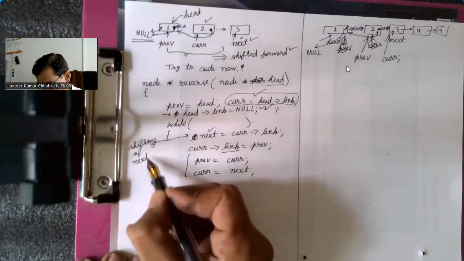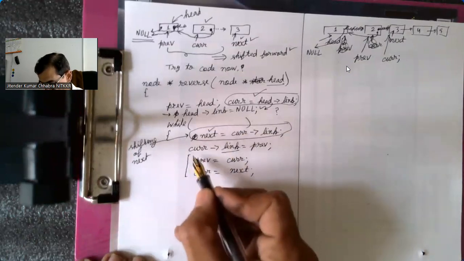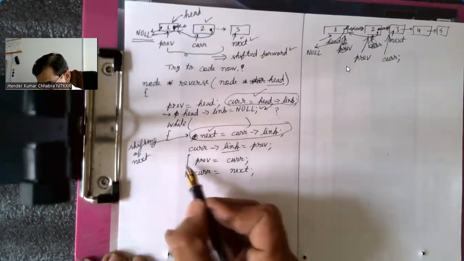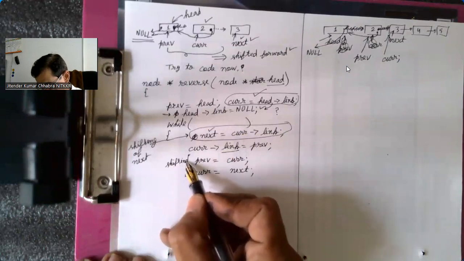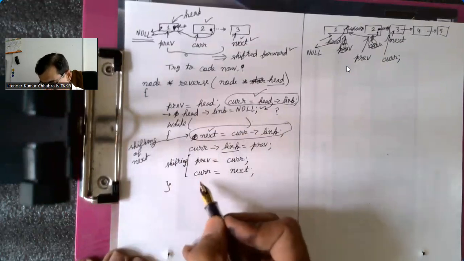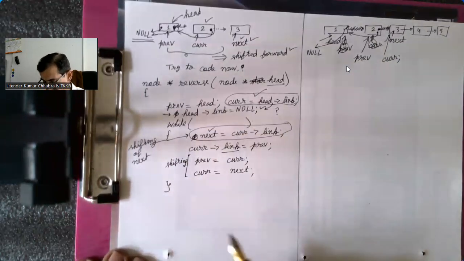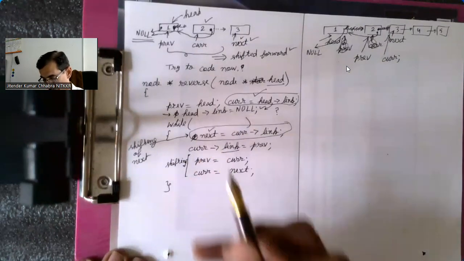So in the next iteration, this next will automatically shift, and the other two have been shifted here. Effectively, this is the process. Of course, if you write next again, still not a problem, but you probably don't need it. You can see when to stop.